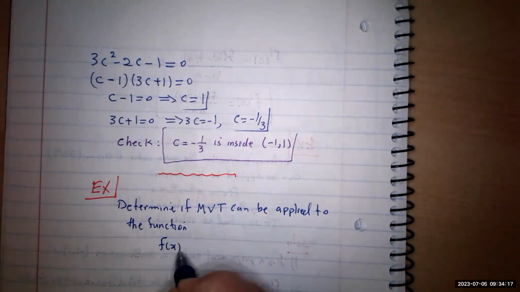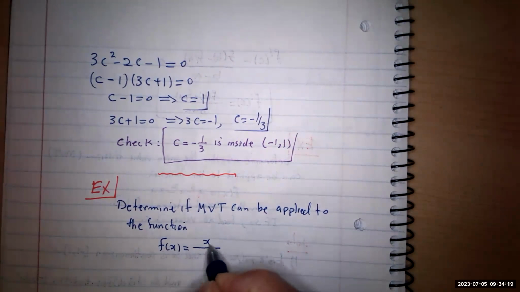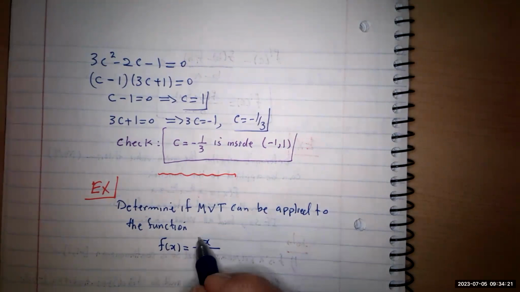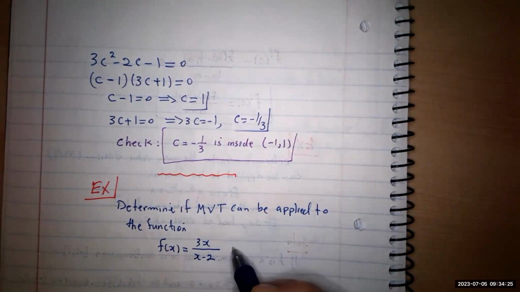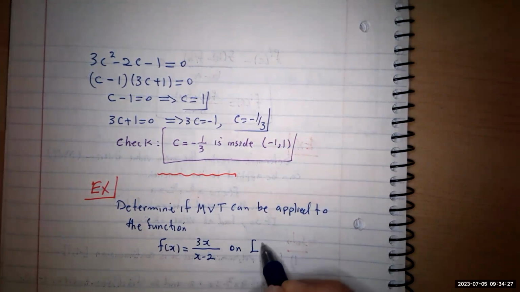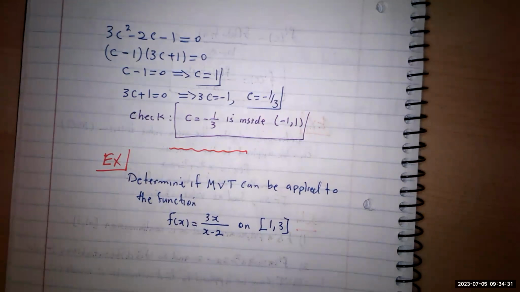But the one that you're going to see is going to be straightforward. It's going to be 3x over x minus 2, and the given interval is 1 and 3. This means a rational function or a radical function. You've got to be careful. It may not go through those intervals.